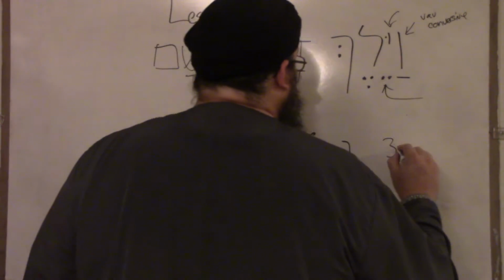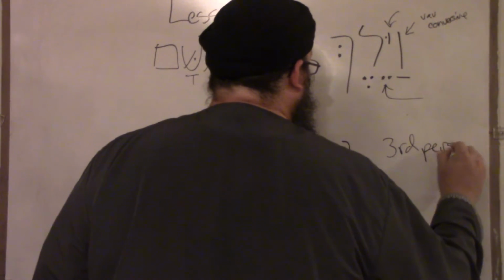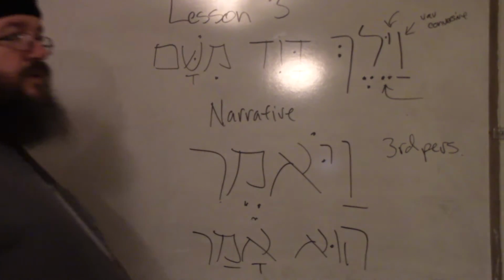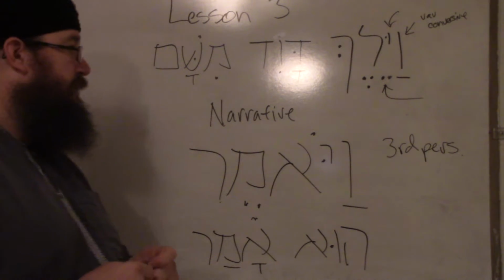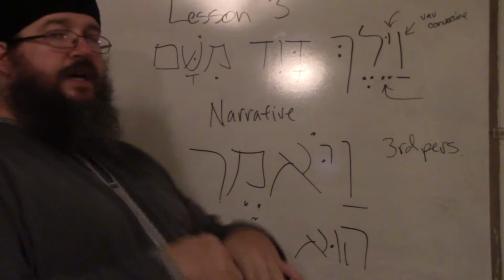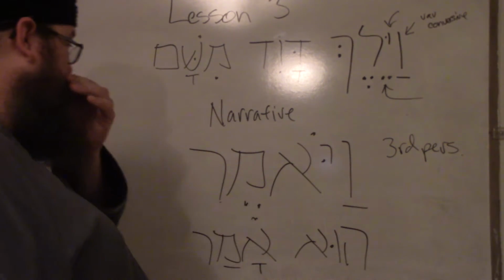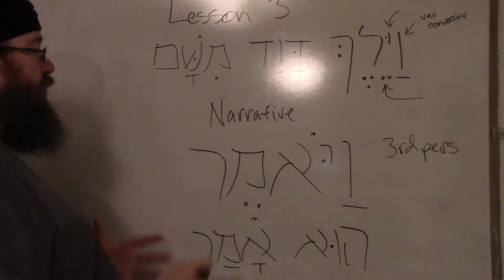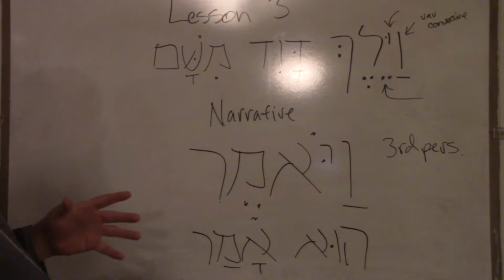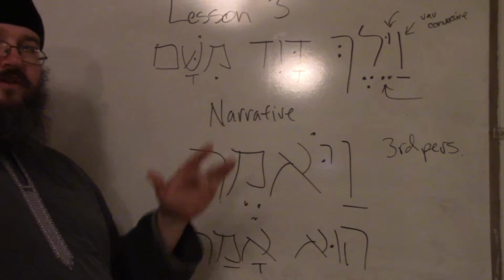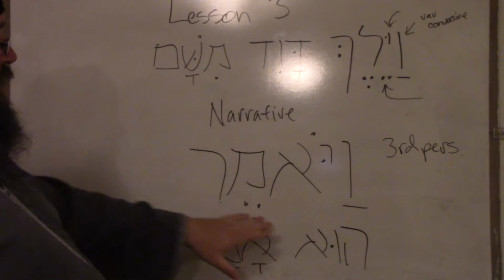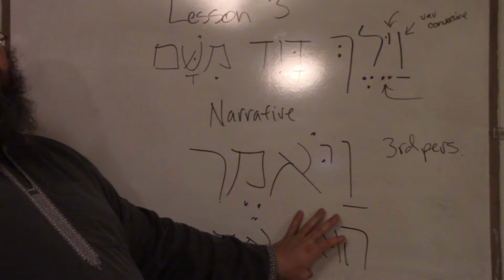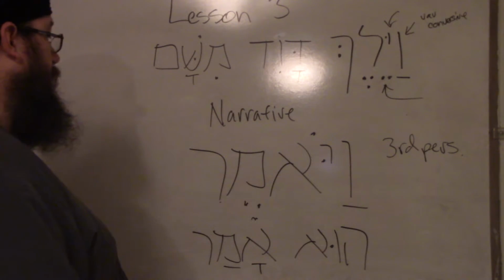If we get into second person or first person, you don't need the pronoun. The pronoun is attached to the verb itself. So only the third person, whether plural or singular, is where we're definitely going to see the actual pronoun being utilized.